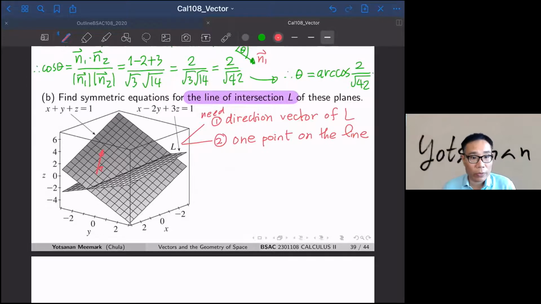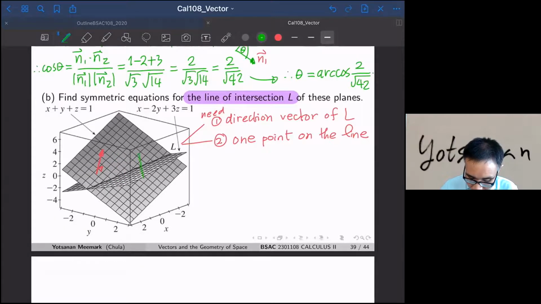And the second one will be the vector perpendicular to this plane.